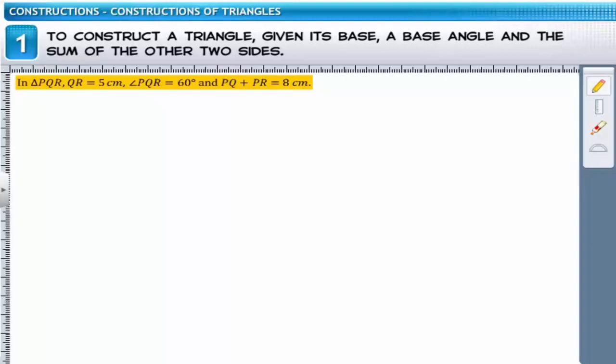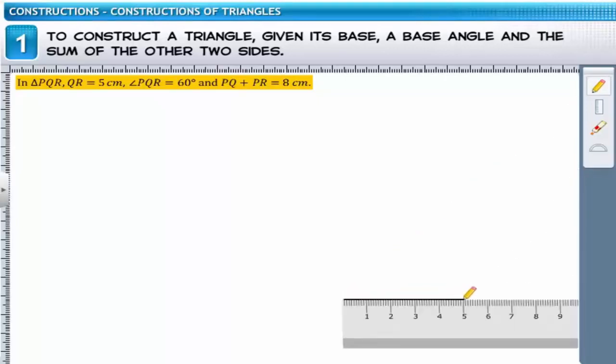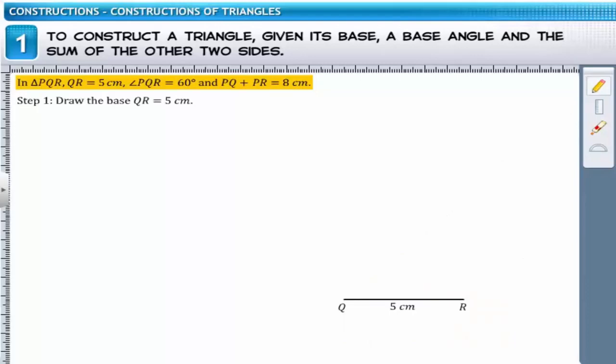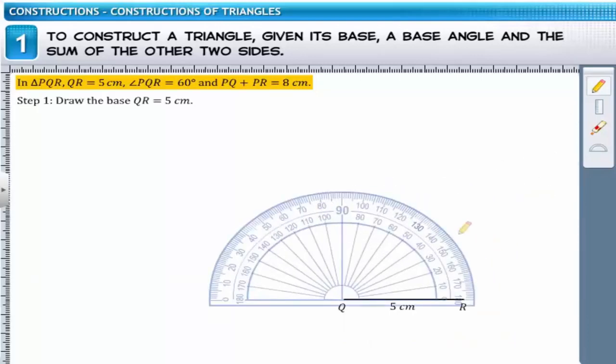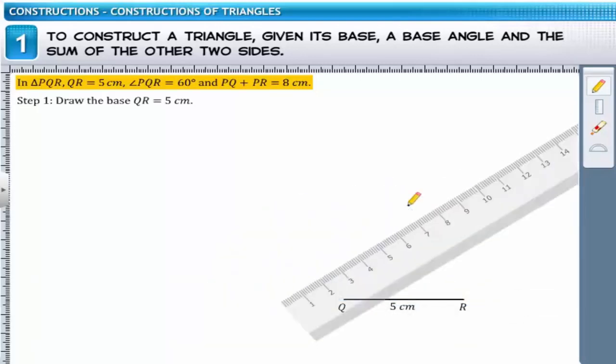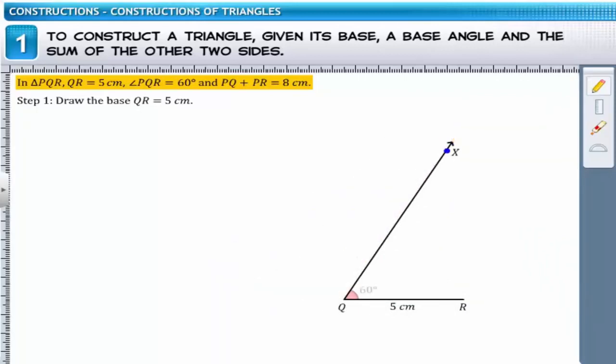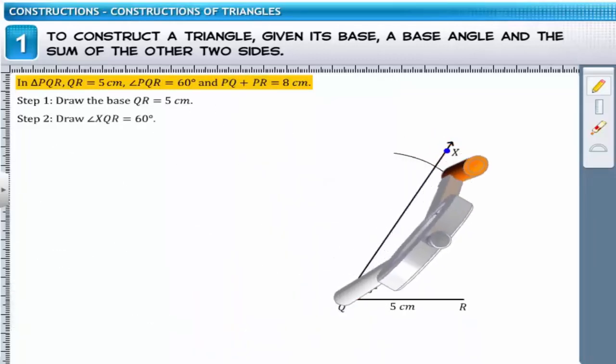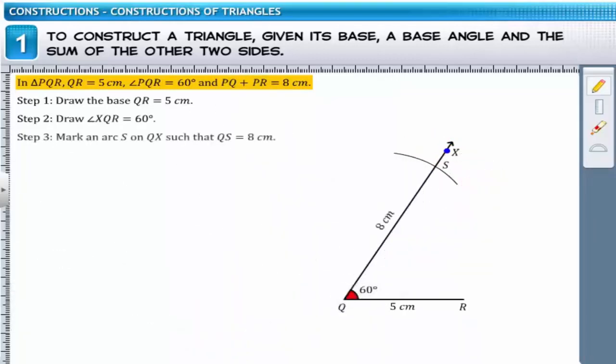First, draw a line segment QR of length 5 centimeters. Draw a ray QX inclined to the base QR equal to the given angle PQR, which is equal to 60 degrees. Take the measure of 8 centimeters and mark an arc S on the ray QX. This is the combined length of the sides PQ and PR.